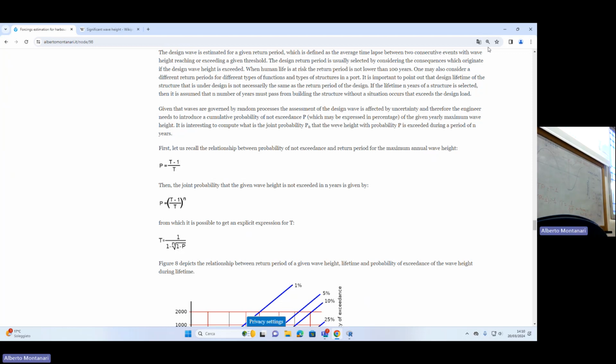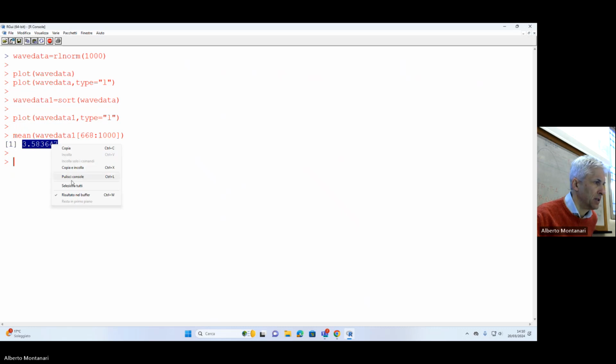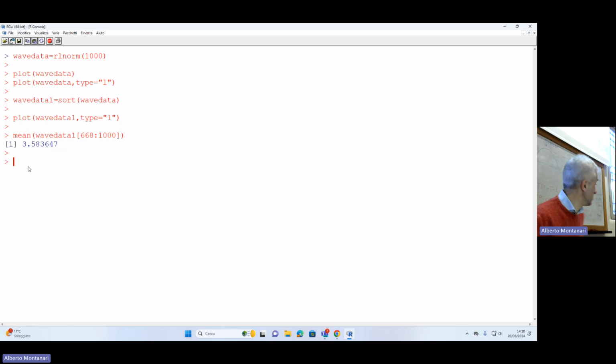Okay, so my question was, what is the return period according to this formula of this number here? Average of the highest 1/3. Good. Let's go to R again. The number is this one, okay? Now, in order to apply this relationship, I need to know the probability of not exceedance of this number.